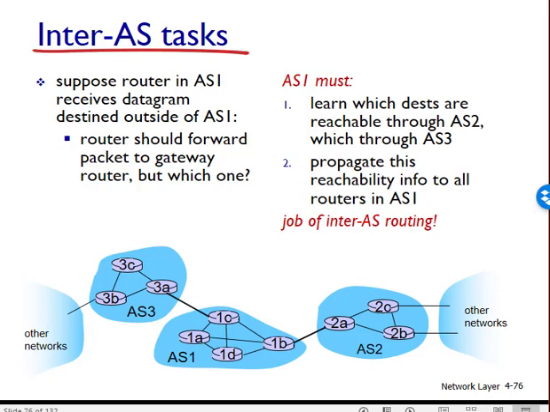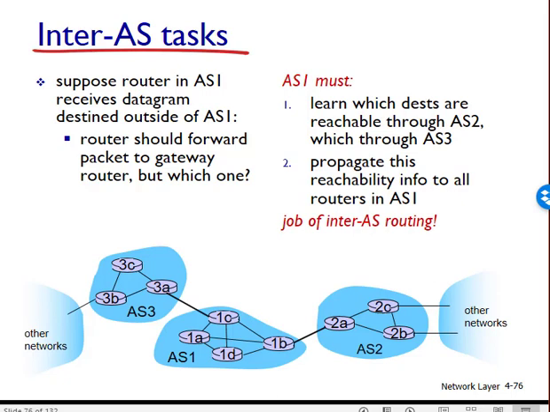The gateway router, upon receiving the packet, forwards the packet on the one link that leads outside the autonomous system. The autonomous system on the other side of the link then takes over the responsibility of routing the packet to its ultimate destination.